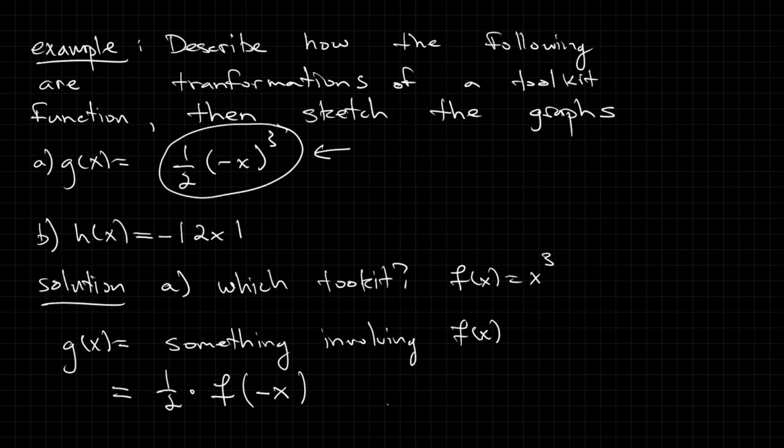After you write g in terms of f, then we can go ahead and identify what transformations are taking place. So I have a 1/2 multiplying on the outside. That's going to give me a vertical compression. And I have a negative on the inside, and that will give me a horizontal reflection. So I have vertical compression by a factor of 1/2.